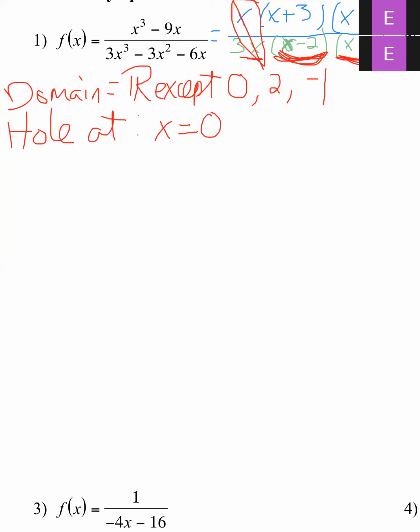Okay, so vertical asymptotes, which we can abbreviate VA in the future if you want. So vertical asymptotes in this case are going to be at x equals 2 and at x equals negative 1.